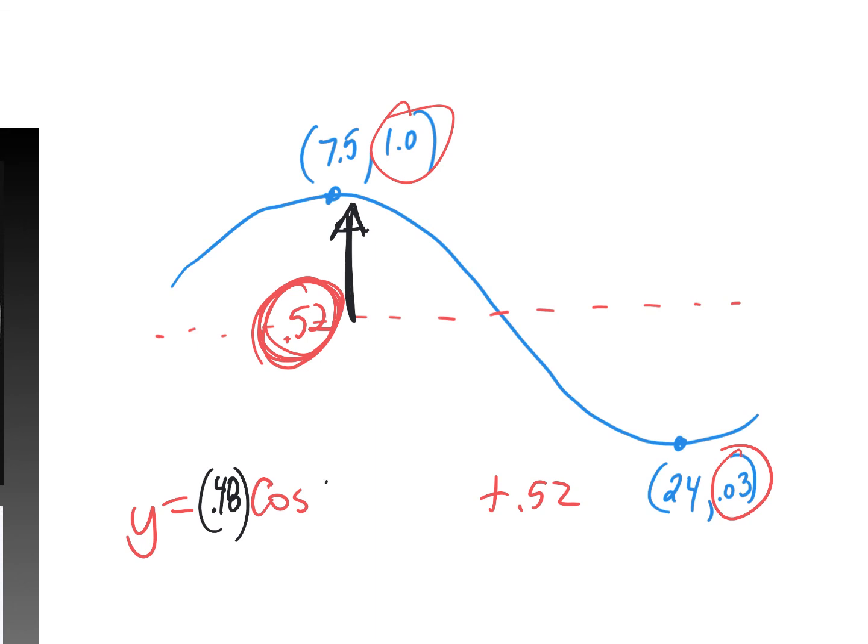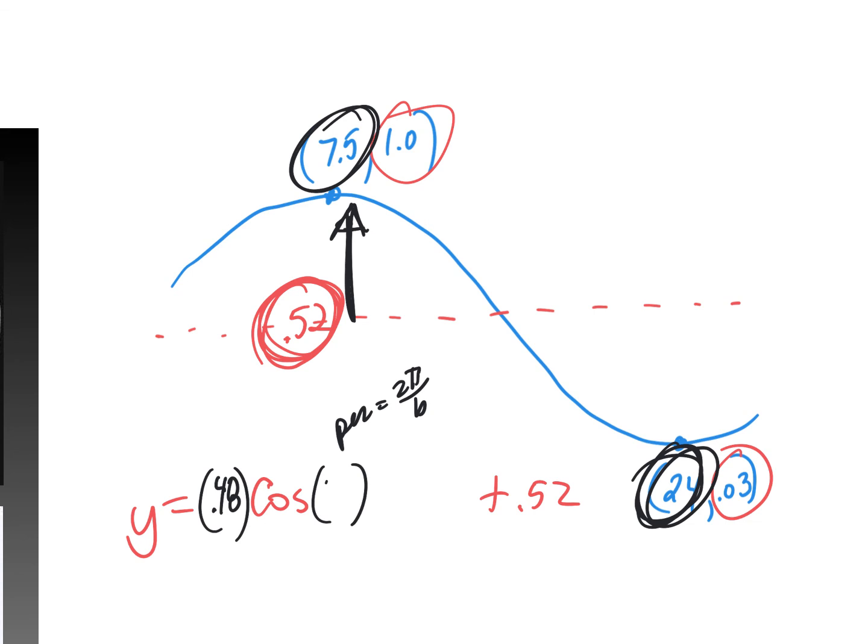Then, this part right here, the period will be 2 pi over b. All right, so what is 2 pi over b? Well, actually, I don't know b. I know period, so I should do that. I know the period of this is between 7.5 and 24, but then we have to double that because that's from a high spot to a low spot.